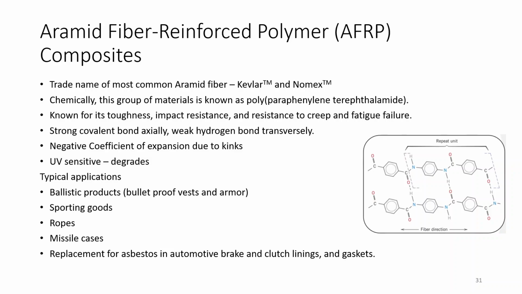And they have strong covalent bonds axially and weak hydrogen bonds transversely. They also have a negative coefficient of expansion due to kinks, and they are UV sensitive, and also they degrade. Typical applications include ballistic products such as bulletproof vests and armors, sporting goods, ropes, missile cases, and replacements for asbestos in automotive brake and clutch linings and gaskets.